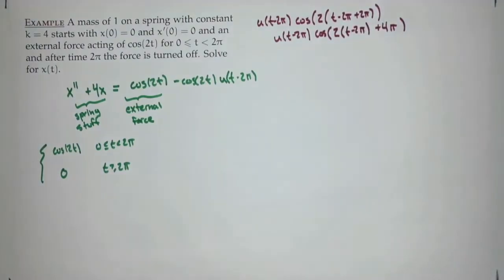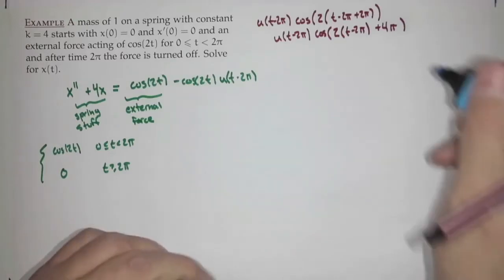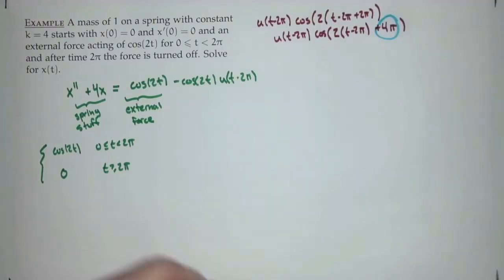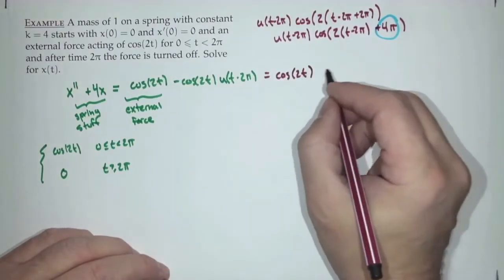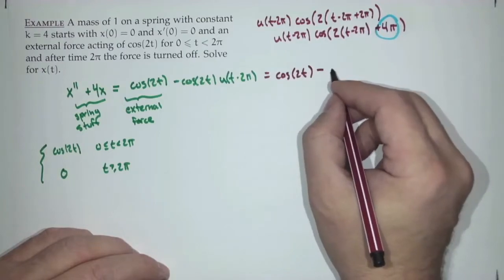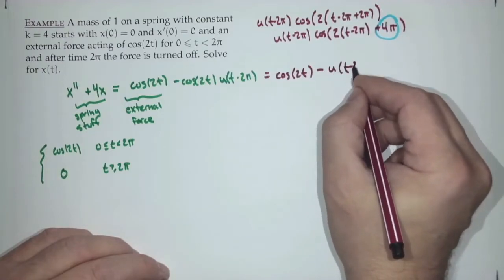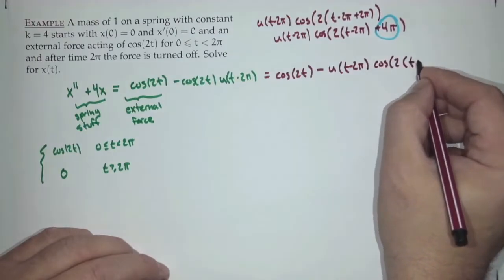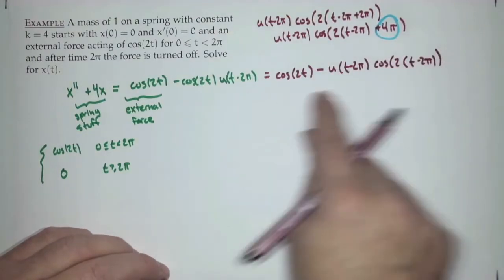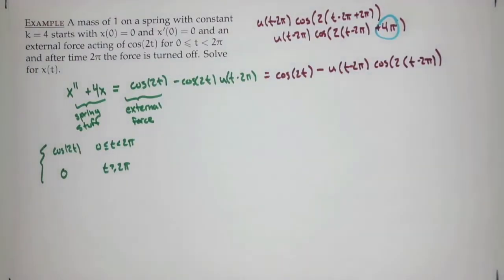And now we ask ourselves the question, what does this 4 pi do to the function? Nothing. So the good news is it's going to be very similar. So it's cosine 2t, and I'll rewrite it as u of t minus 2 pi and cosine 2 times t minus 2 pi. But now we're in the right form to apply the rule. Okay, good.